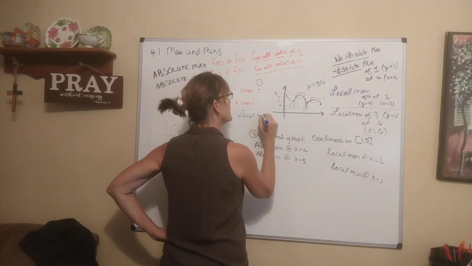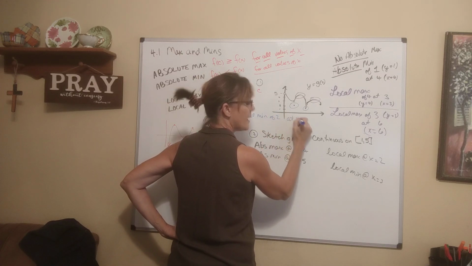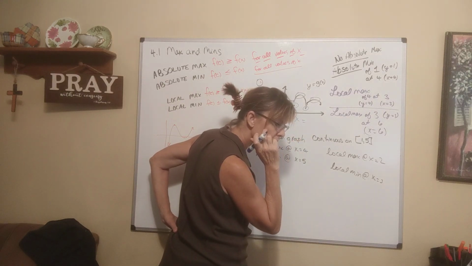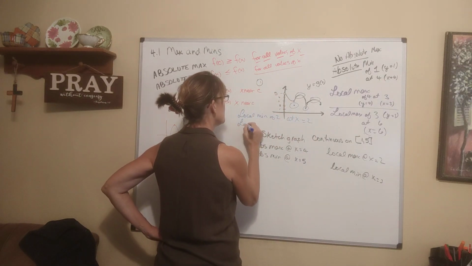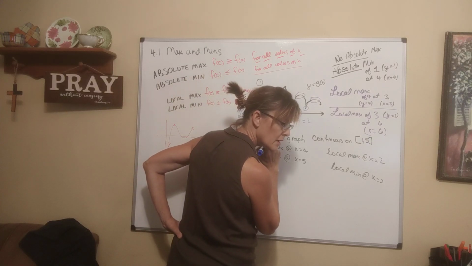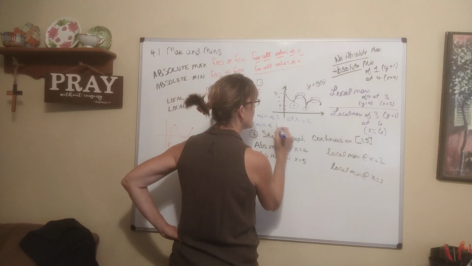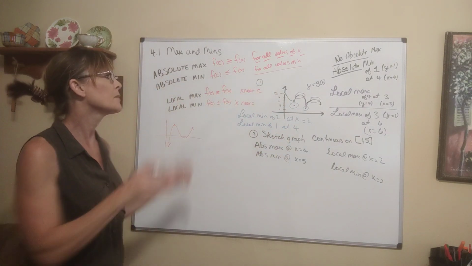There's a local min of 2 at x is 2. Okay. And there's another local min of 1 at 4. Okay, so that is how we would think about that graph.